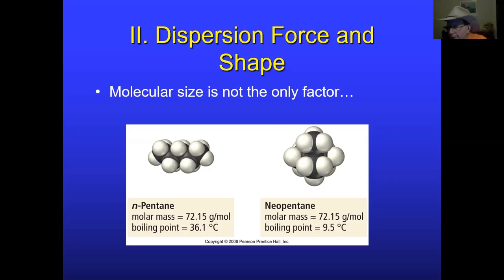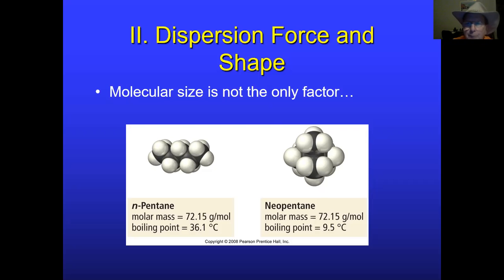So if it pushes them further apart, remember Coulomb's law, the more distance, the smaller the force. So if I'm going to compare pentane with neopentane, pentane has 5 carbons in a row.